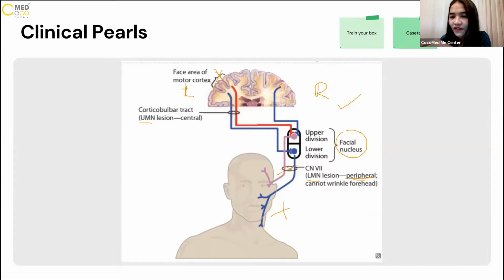From the peripheral, you can see they cut the signal from the purple line and the signal from the blue line, and then this patient loses two functions, the upper and the lower part of the face. This means peripheral, I mean CN 7 positive, and the patient cannot wrinkle the forehead. And that's usually ipsilateral. For the central, usually this is contralateral.